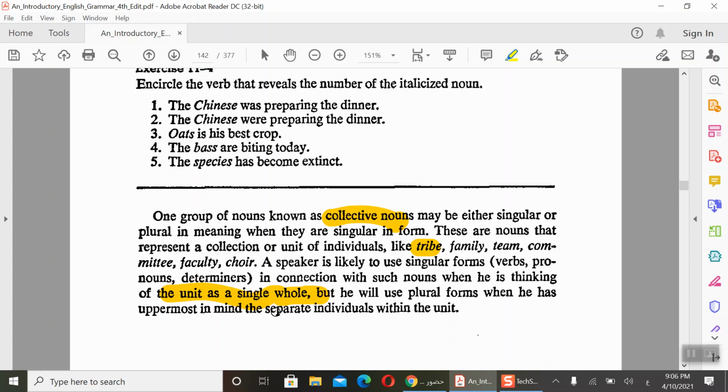We use singular. But he will use plural forms when he has most in mind the separate individuals, the persons within the unit. In this case, we say plural.